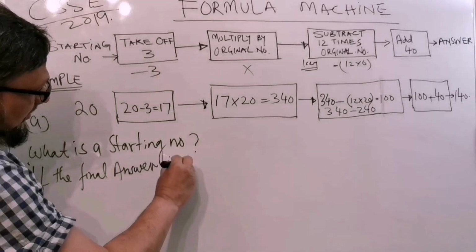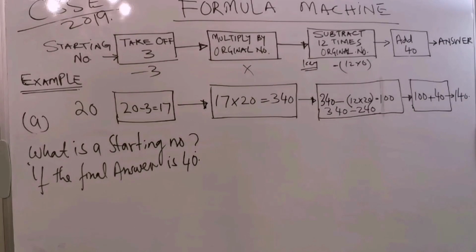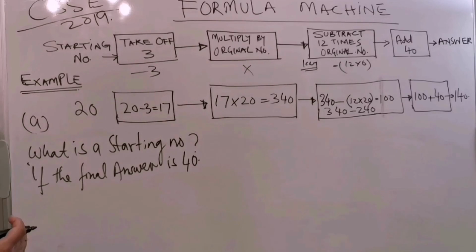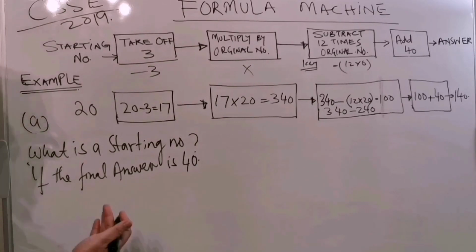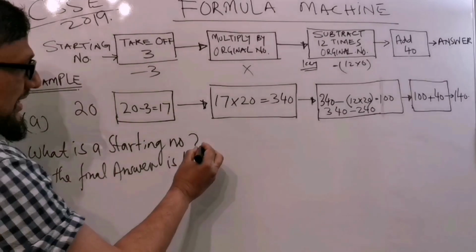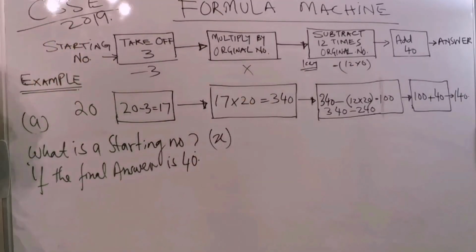In this situation, we need to work out a number which we don't know. We say this is called x, so I say that the starting number is x.